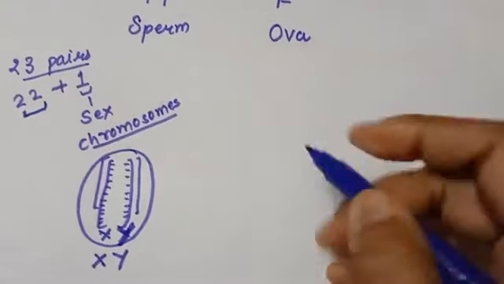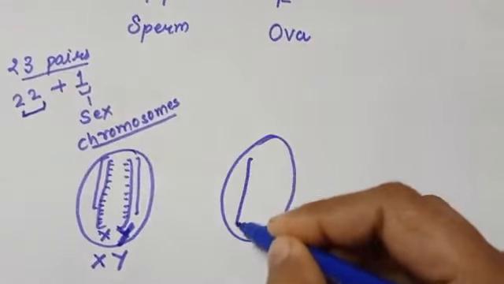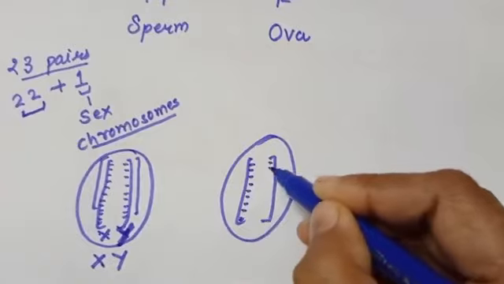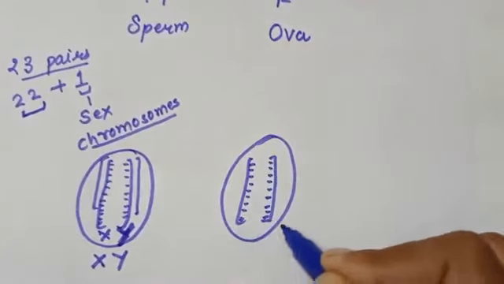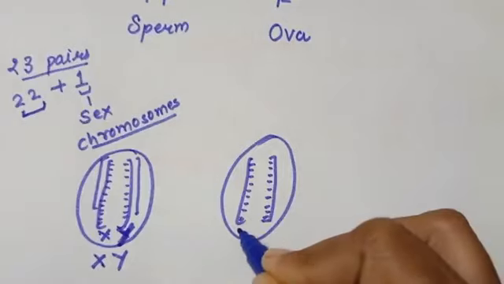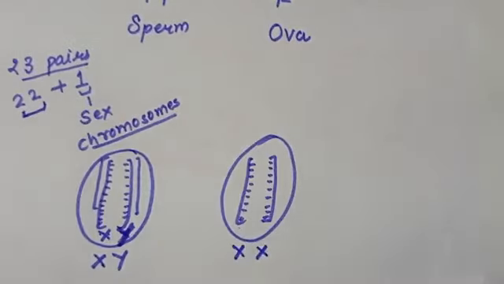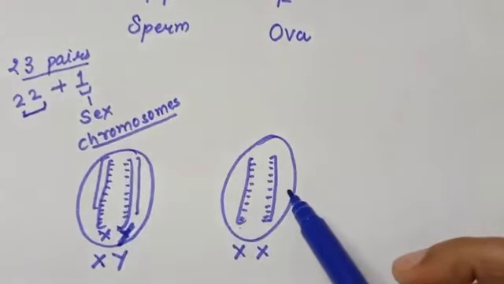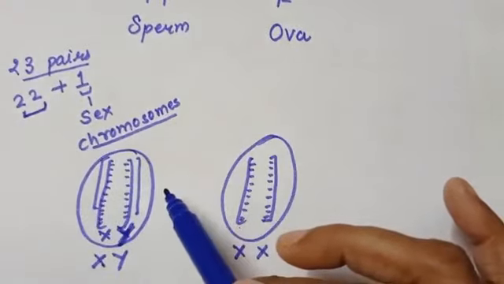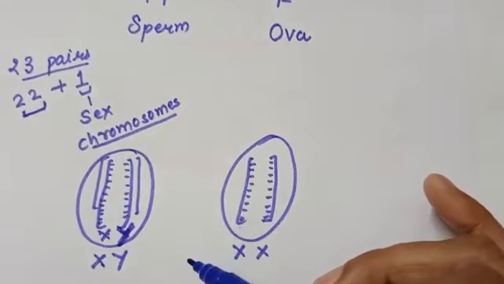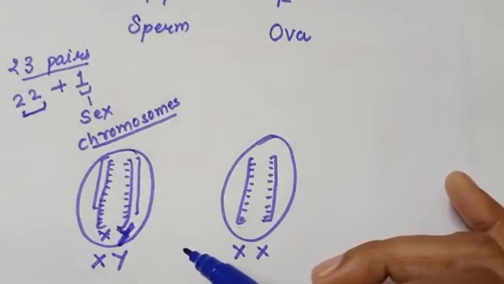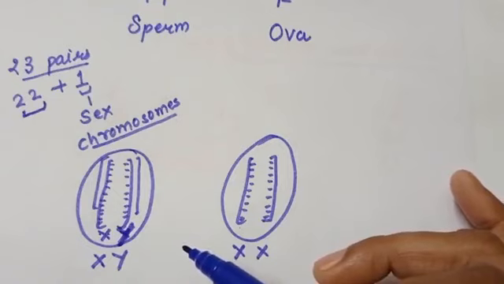Whereas in a female, if I represent them in the same way, the sex chromosome or the last pair of chromosomes is XX type. When these two germ cells fuse, the baby that is going to form will only have 23 pairs, it is not going to have 46 pairs.